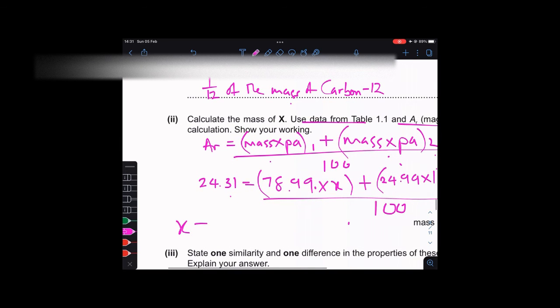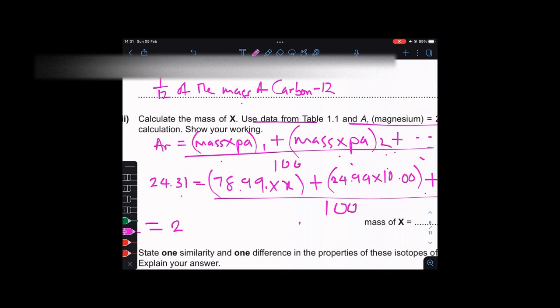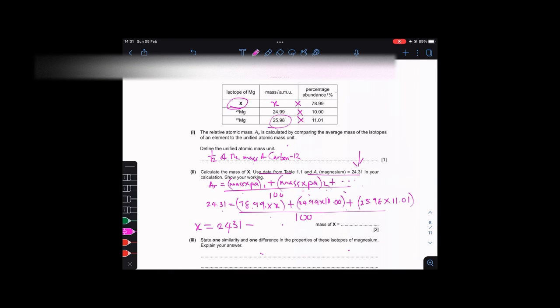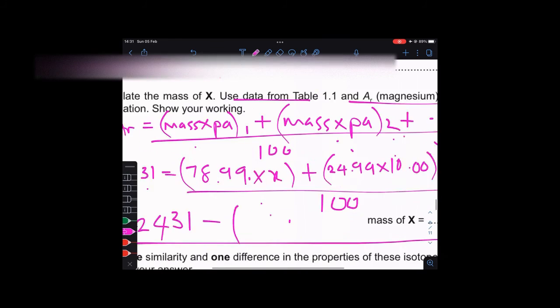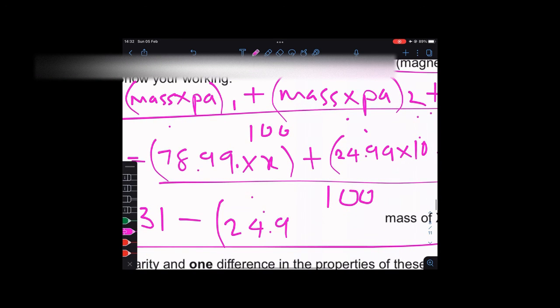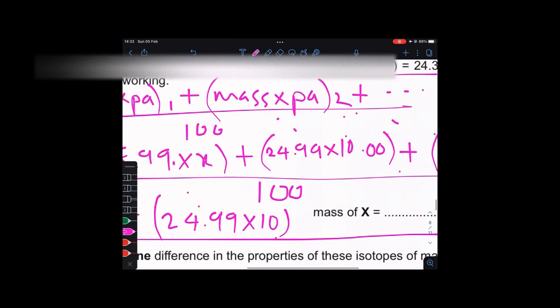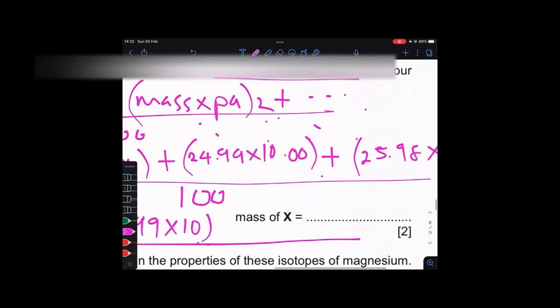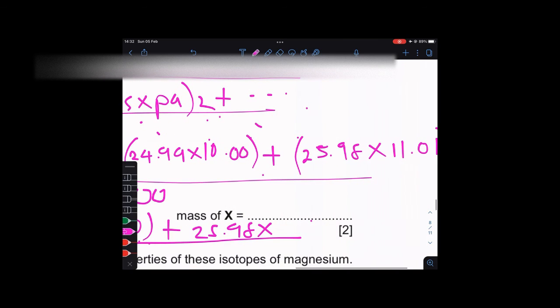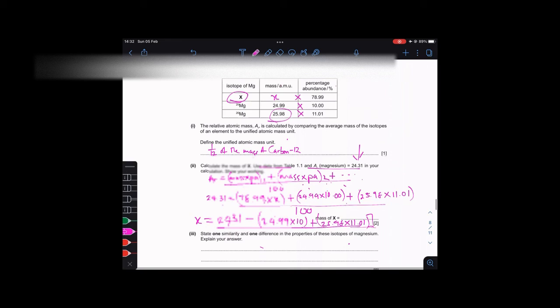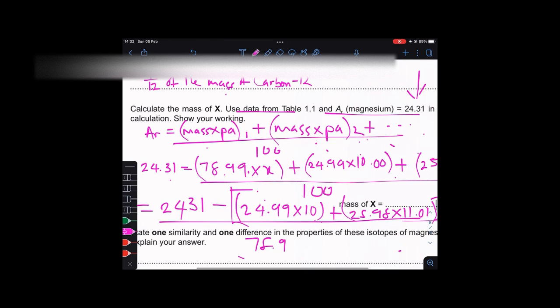We need to solve for X, so you need to rearrange. X equals 24.31 minus, in square brackets, 24.99 times 10 plus 25.98 times 11.01, all over 78.99.